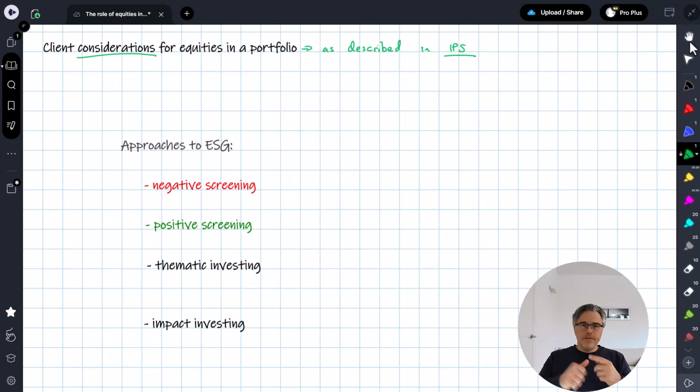Things like the return objective. What does the client want to achieve? The time horizon for that. Very importantly, the risk objectives of the client. And that covers two very important areas, primarily, namely the willingness of the client to take risk and the ability of the client to take risk. Then there may be liquidity requirements.